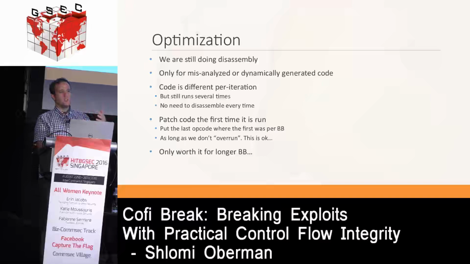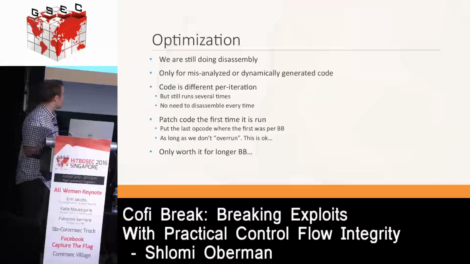So if we have a long JIT-generated basic block containing a lot of mathematical operations, we can take the last opcode of this long basic block, put it at the beginning of the code, and we've essentially performed something similar to the pre-analysis in runtime and saved quite a lot of execution time.